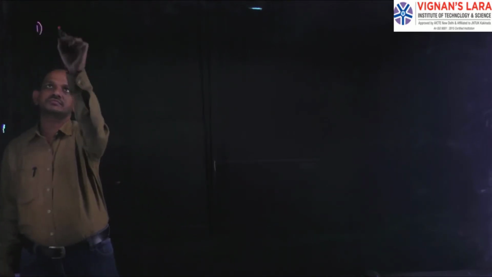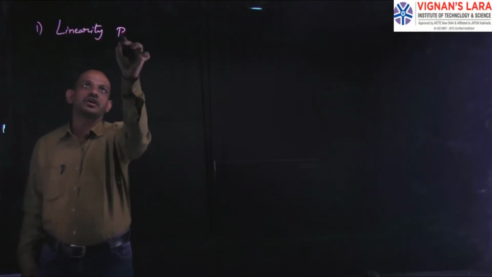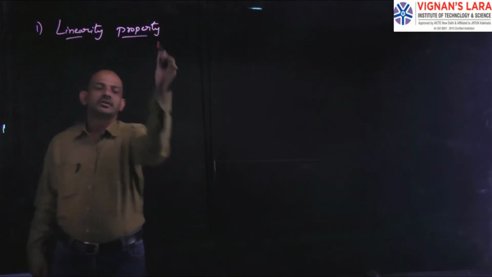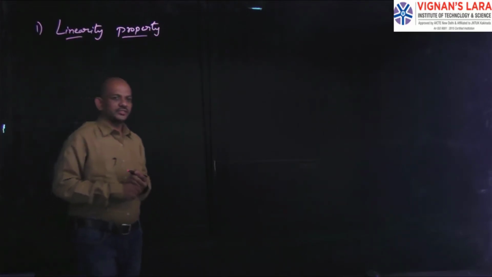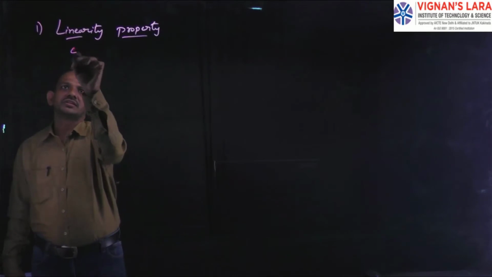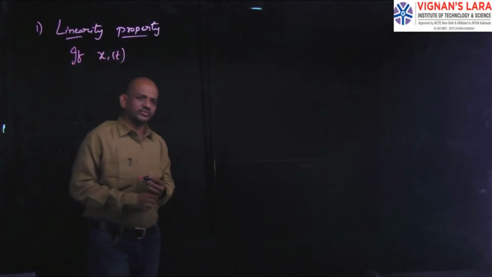So now I will go for the proof of the first property, that is the linearity property. We all know what the linearity property states. For the linearity property, I have to consider two signals, x1 of t and x2 of t.